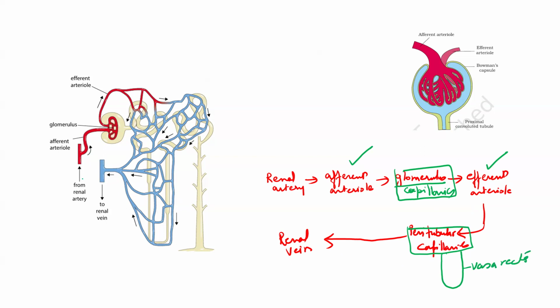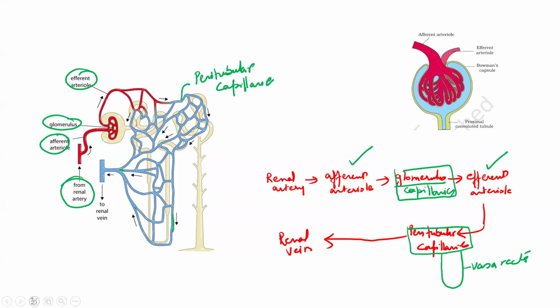Clear? So you can see here blood is entering from the renal artery, afferent arteriole, giving rise to glomerulus, efferent arteriole, and this is your peritubular capillaries. And finally, from this peritubular capillary, let me highlight it with a different color, see, this is your vasa recta.